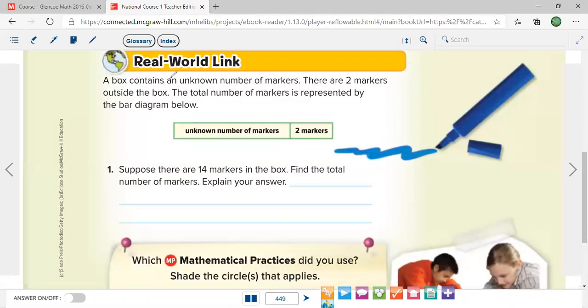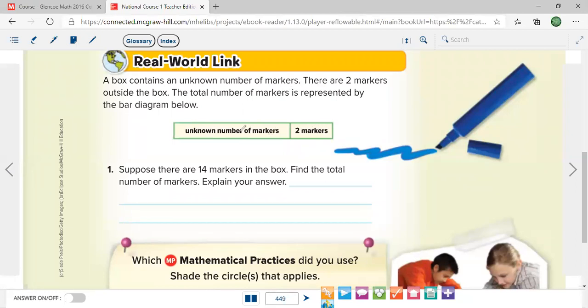A box contains an unknown number of markers. There are 2 markers outside the box. The total number of markers is represented by the bar diagram below. These are the unknown number of markers, and these are the 2 markers outside the box.